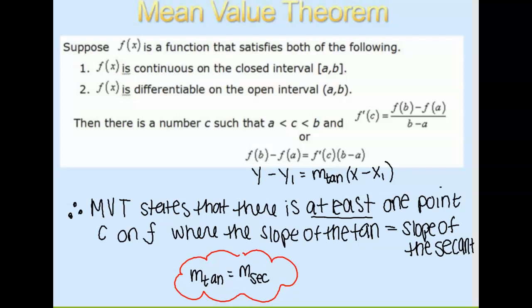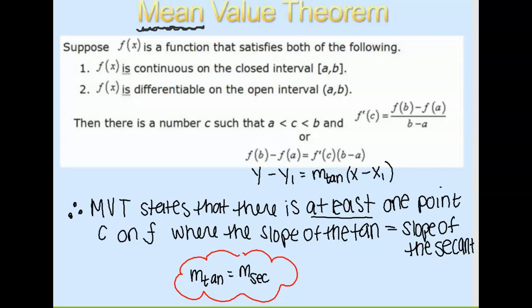So I told you we were going to learn about 2 theorems today. We learned about Rolle's theorem. Now we're going to learn about the mean value theorem. If you go back to the word mean, when we learned about it in Algebra 1, in geometry, in statistics, mean in math doesn't mean angry.